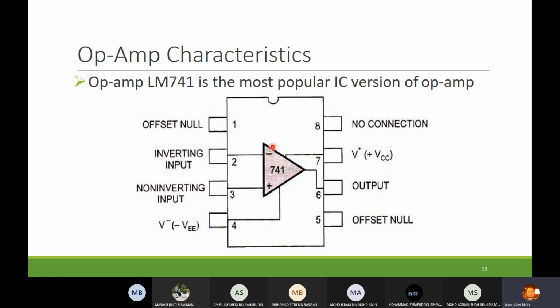Okay, and each of the pins tu ada dia punya own function lah, except for pin 8, which is there are no connections here, and then one for offset null, so tak ada connection untuk ni lah. Inverting input 2, non-inverting 3, the negative VEE 4, positive VCC is 7, output is 6. Okay, 5 pun offset null juga. Okay, so 5 of the pins are connected to the op-amp.